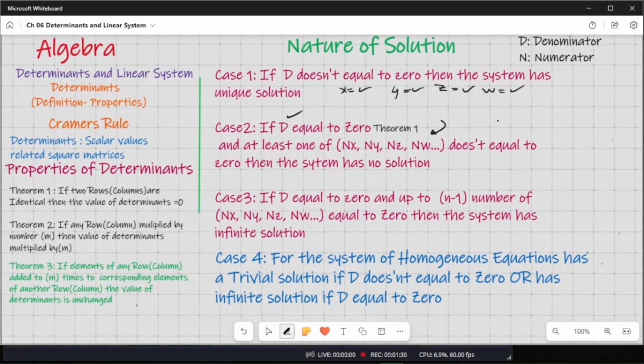Okay, so if d equal to 0 and nx, ny, nz, and nw don't equal to 0, then our system has no solution.